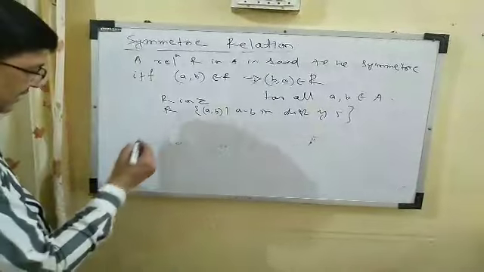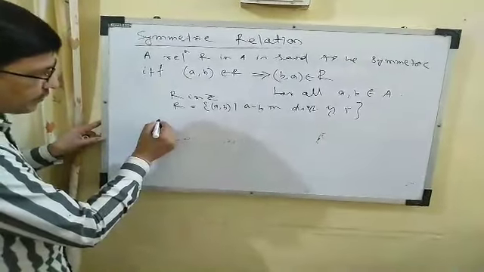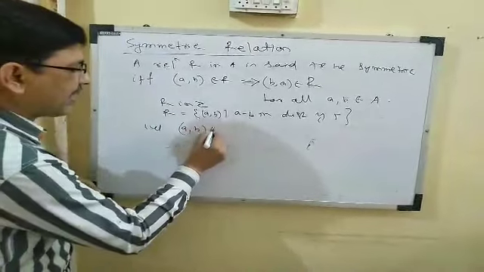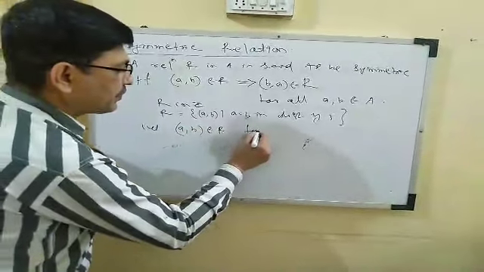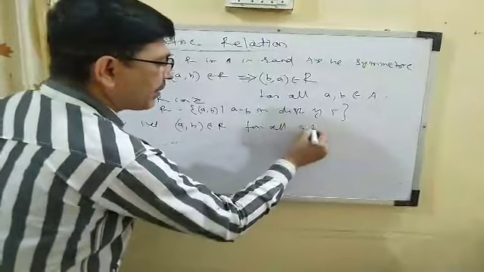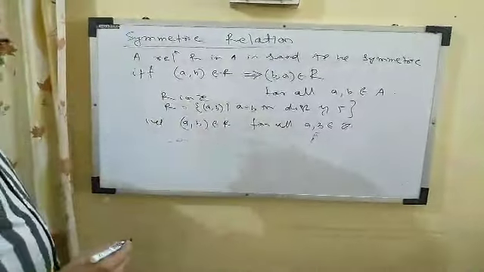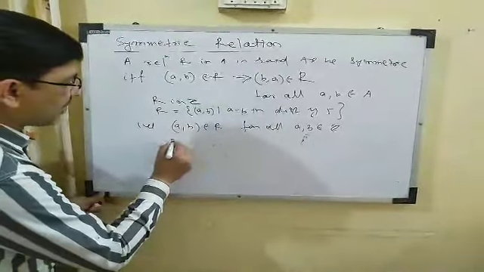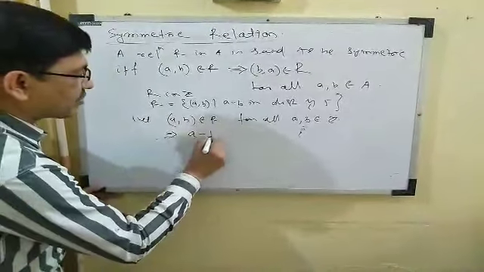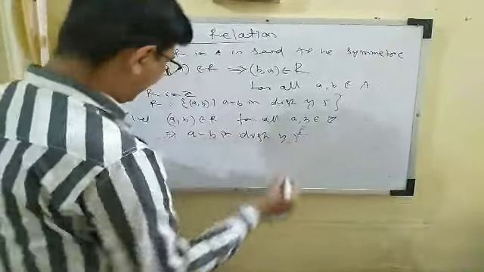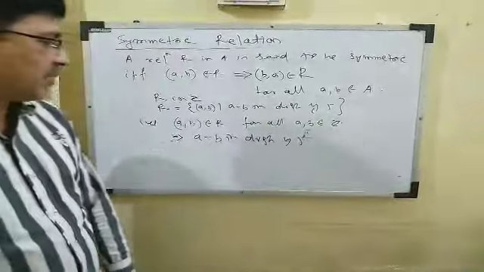Let AB be an element of R for all A, B belonging to Z. Under what condition will AB be an element of R? This AB will be an element of R if A minus B is divisible by 5.